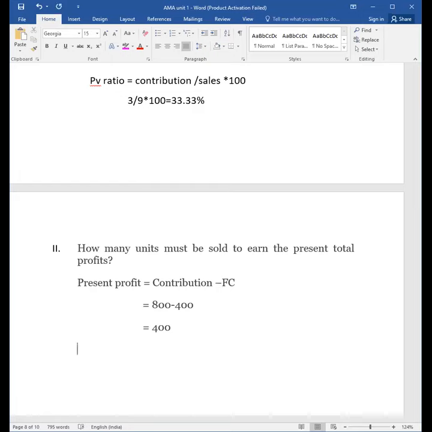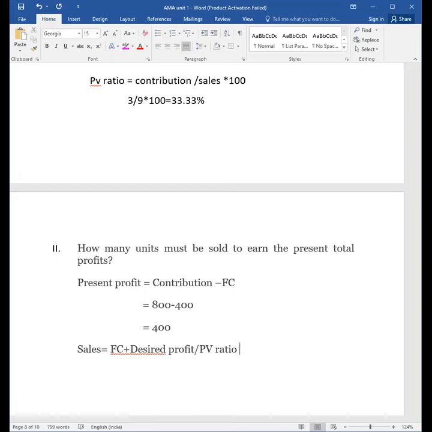So we can find the sales volume to earn the profit of 400. What would be the formula? Sales is equal to fixed cost plus desired profit divided by PV ratio. PV ratio we have already calculated, right? 33.33. So now you are going to calculate how many units must be sold to earn the present total profit.